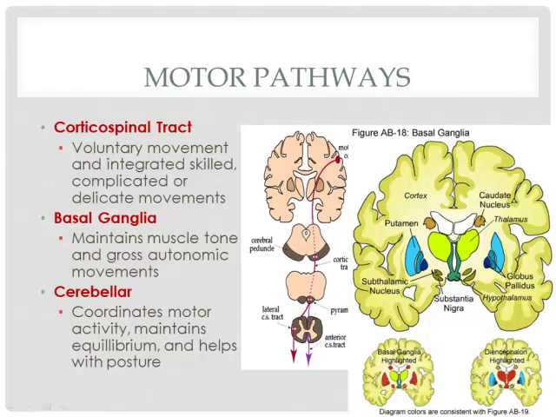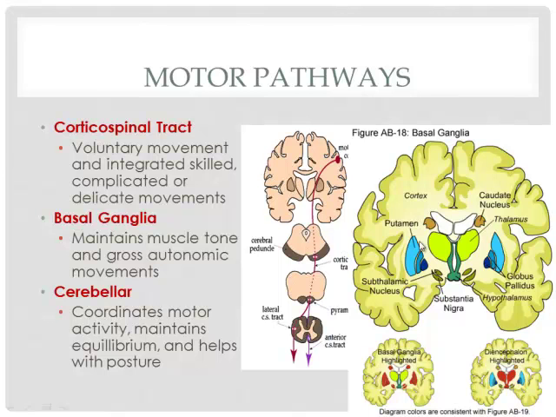Then we also have the basal ganglia, which includes four components: the caudate nucleus, the putamen, the ventral striatum, and then the globus pallidus. The basal ganglia is the area that gets affected in people who have Parkinson's disease.